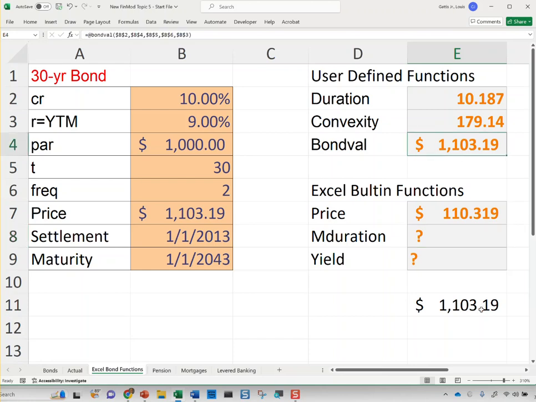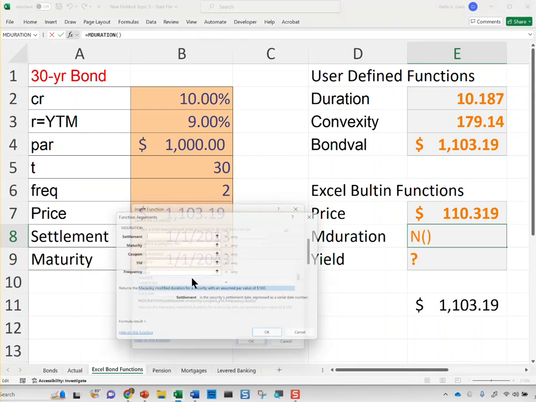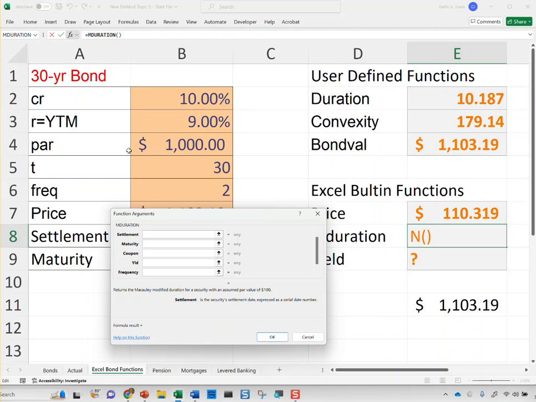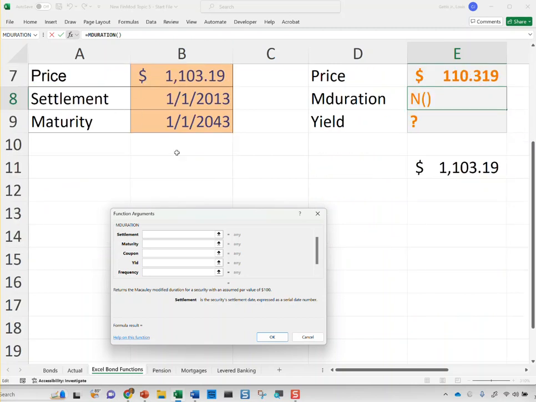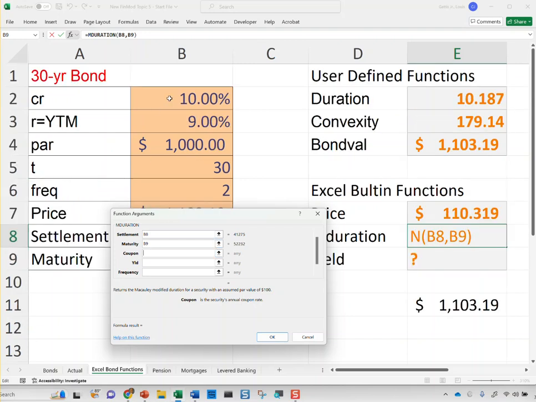That's perfect. So let's go ahead and look at the M duration function. So there's M duration. I'll go ahead and put my settlement, my maturity, my annual coupon. Notice here it says coupon and not rate, so we'll put the coupon rate.